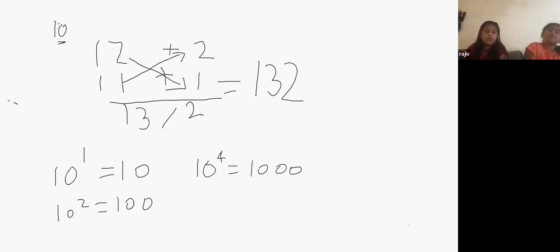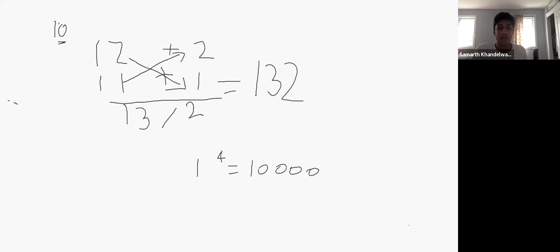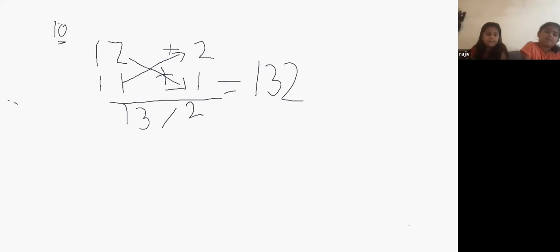Later on, I'll give you some problems where we're going to be doing it near 10 to the 4th. Also, what if the number's in the middle and can be close to either 10 or 100, like 35 or 46? That is another thing that I will teach you how to do. Those numbers are not near powers of 10, but there are still ways to solve those problems using this method.